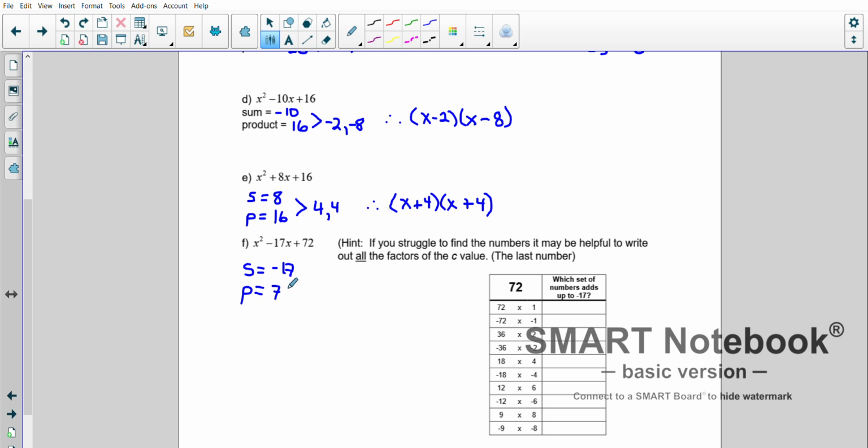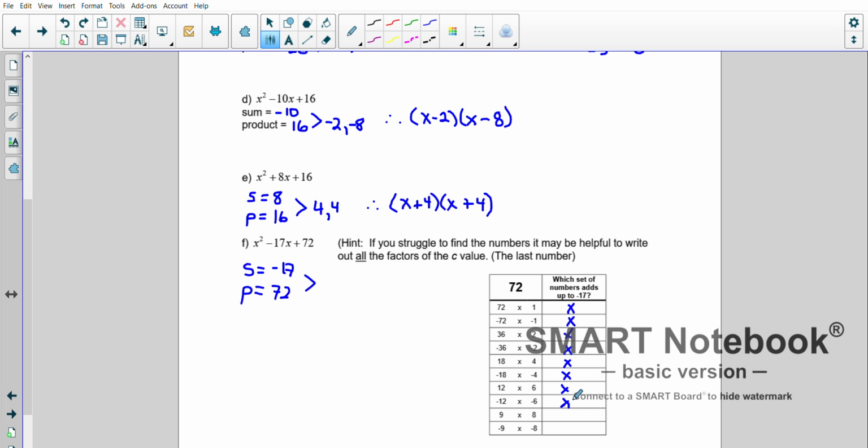And I've already taken the liberty of writing out this list, so I'm just going to see which one adds up to negative 17? That's a no, no, no, no. This adds up to 22. Negative 22 adds up to 18.